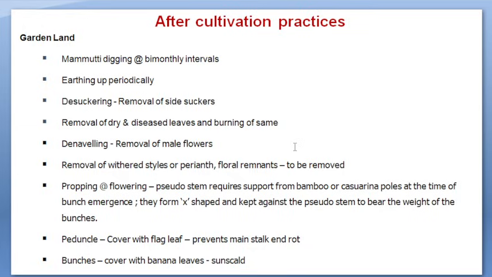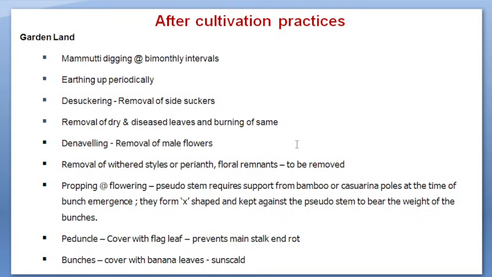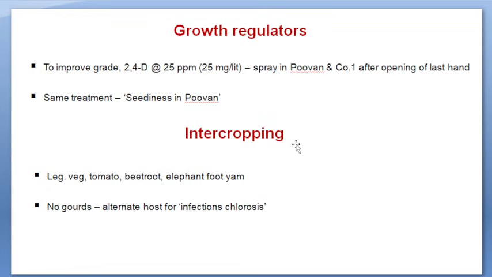After cultivation, we have to loosen the soil using a spade at every 2 months interval. Earthing up is also one important operation, and also desuckering, removal of the suckers, propping, and many other practices. We even have to cover the bunches.